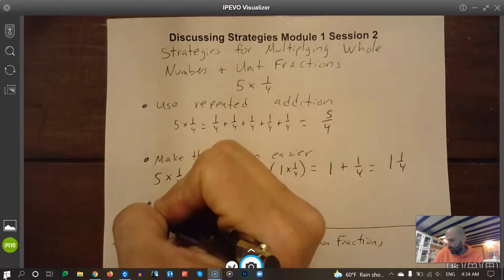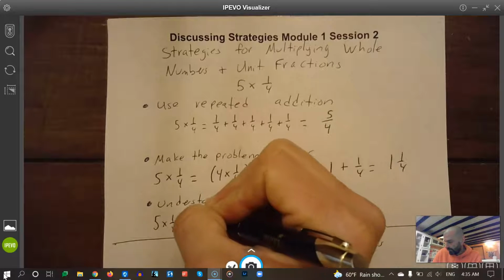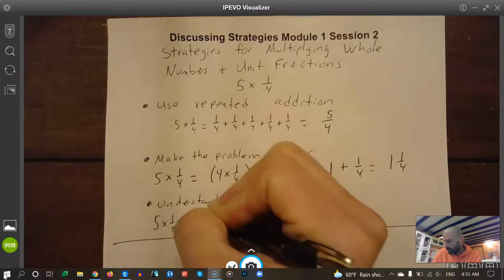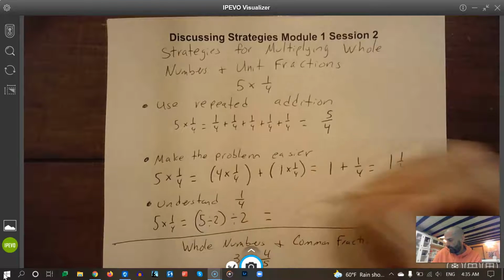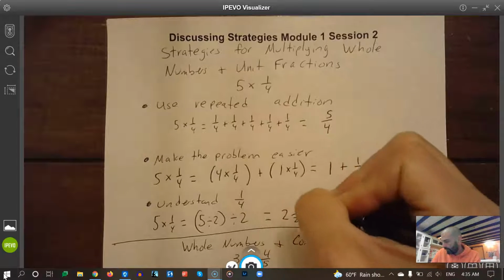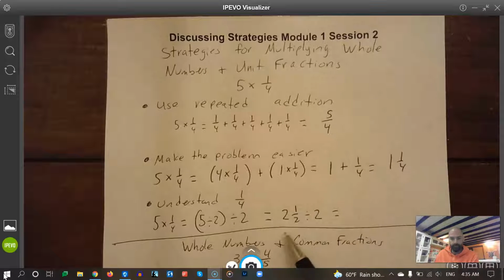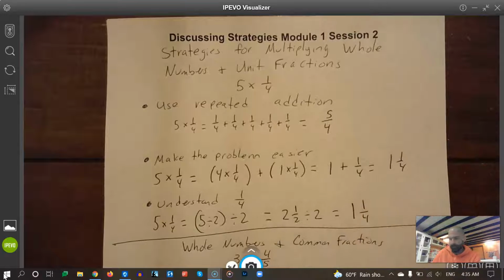So 5 times 1/4 is the same as 5 divided by 2, and then the whole thing divided by 2 again. So 5 divided by 2 is 2 1/2. And then we divide that by 2. 2 divided by 2 is 1. 1/2 divided by 2, or split in half, is 1/4. So again, we have 1 and 1/4.